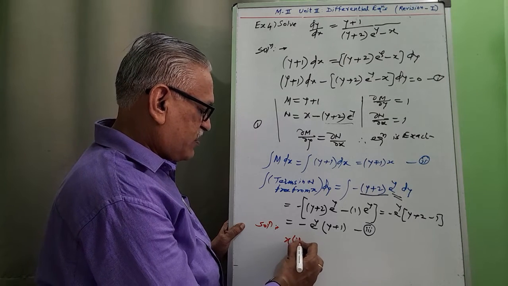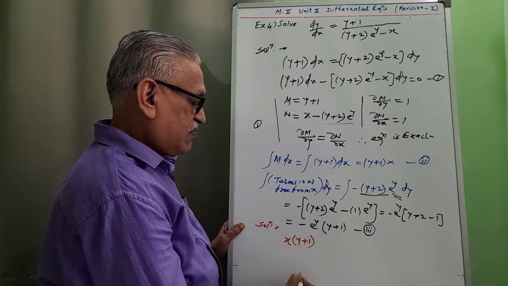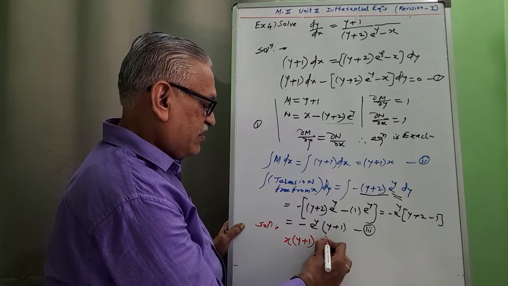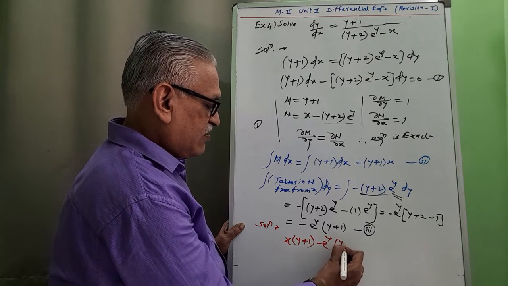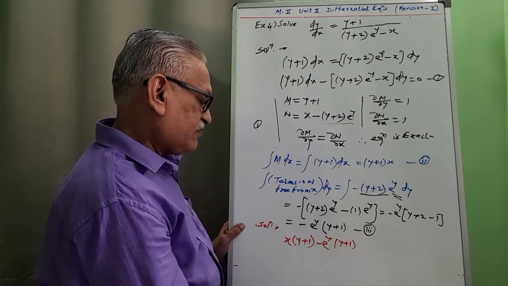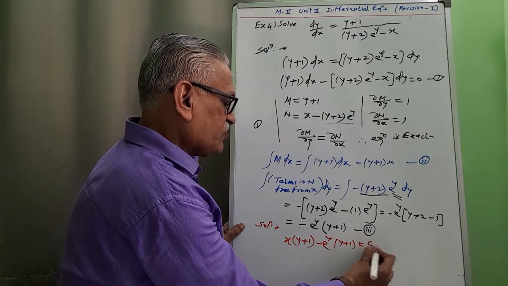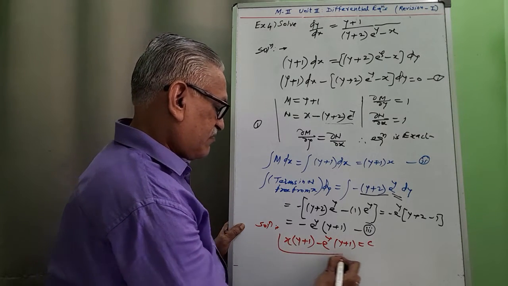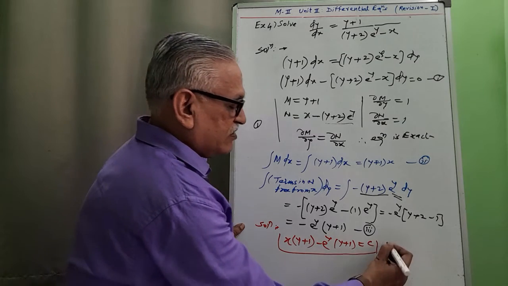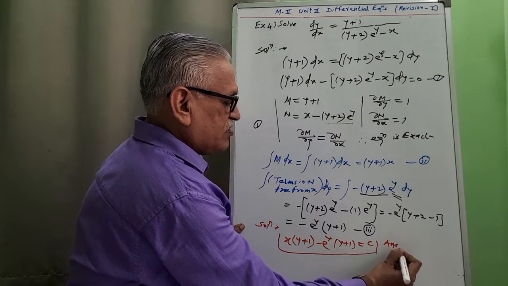Therefore the solution is x into y plus 1 minus e raised to y, y plus 1 is equal to constant c, as the required solution.